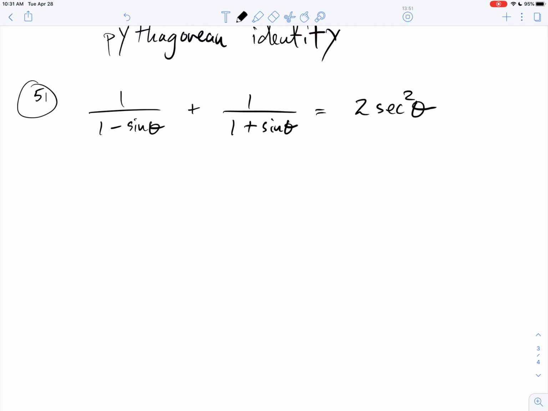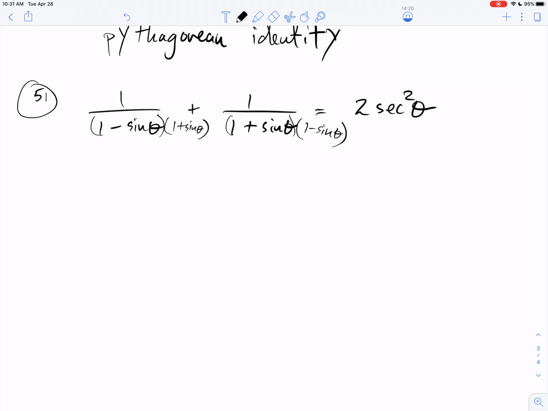Now, one of the hints in the brown box is use the more complicated side, go there first. Sometimes you want to start there, but it doesn't mean you have to finish there. But this guy's going to get this trick. This is hint number 6 from the brown box. If you see a 1 minus sine theta, you multiply it by a 1 plus sine theta. You see the other thing, then you do the other thing.